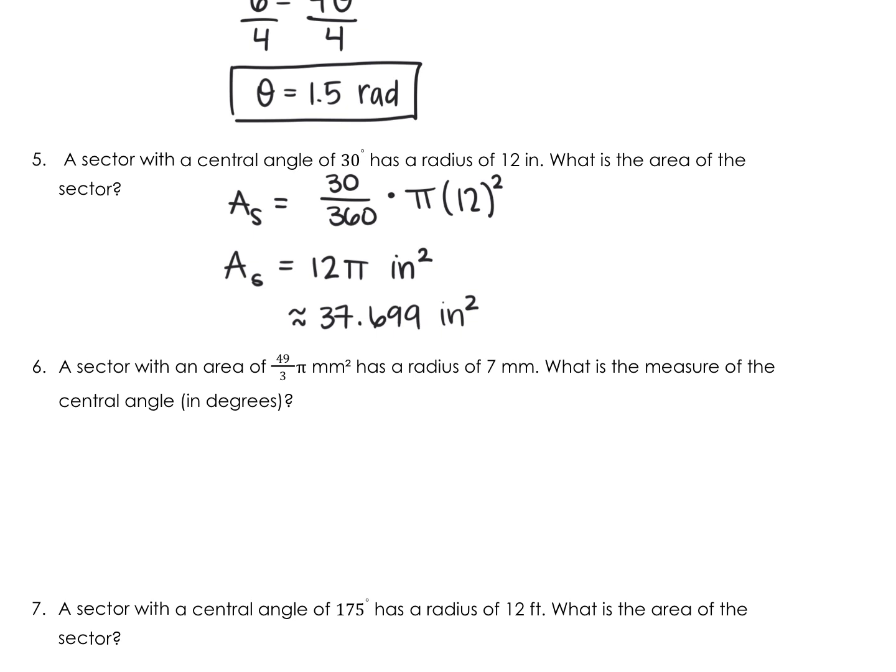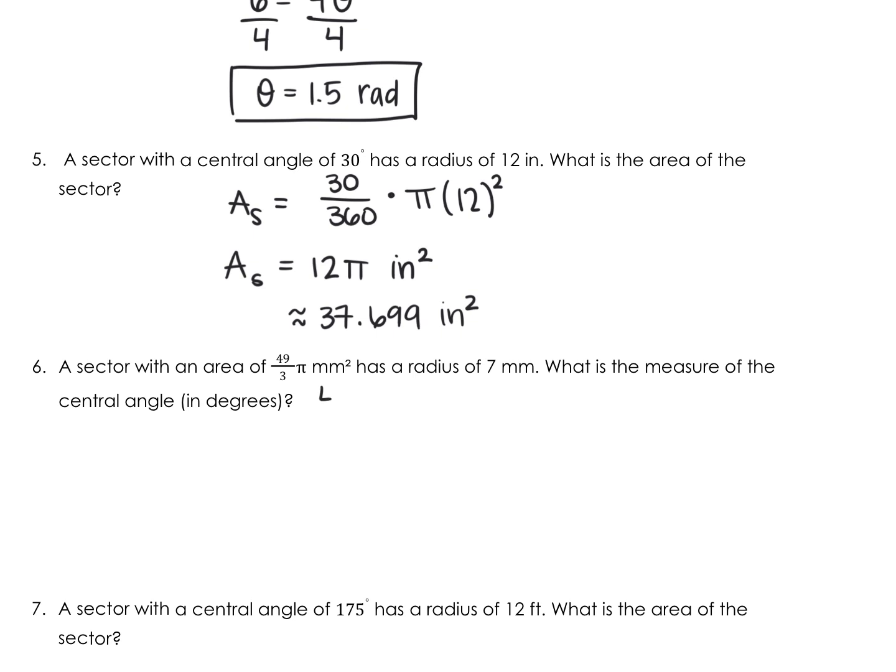So in our next example, you have a sector that has an area of 49 over 3 pi millimeters squared with a radius of 7. What is the measure of the central angle in degrees? So very similar to when we were solving for the central angle for an arc length, we'll use our formula.